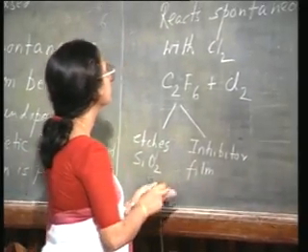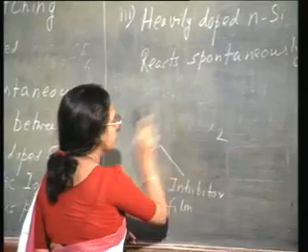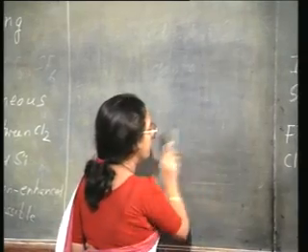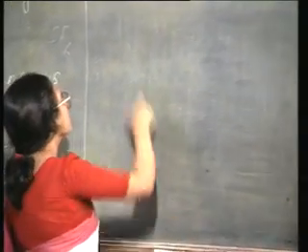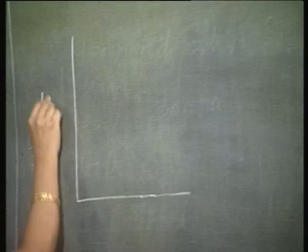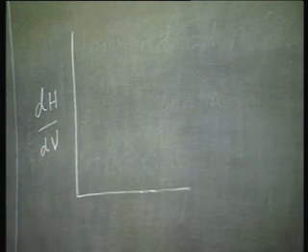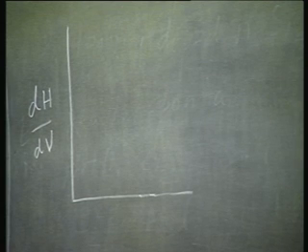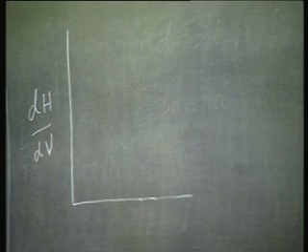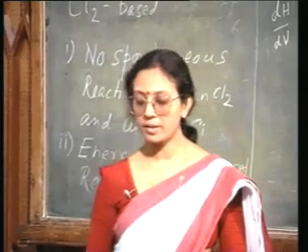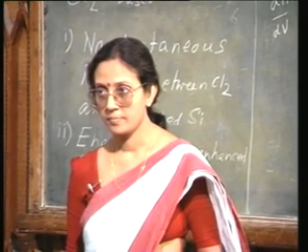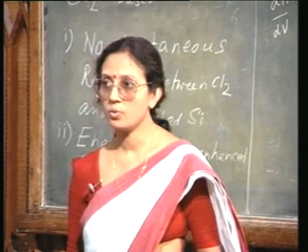So, actually if I plot dH/dV, dH/dV is the rate of etching of the horizontal surface relative to the rate of etching of the vertical surface.